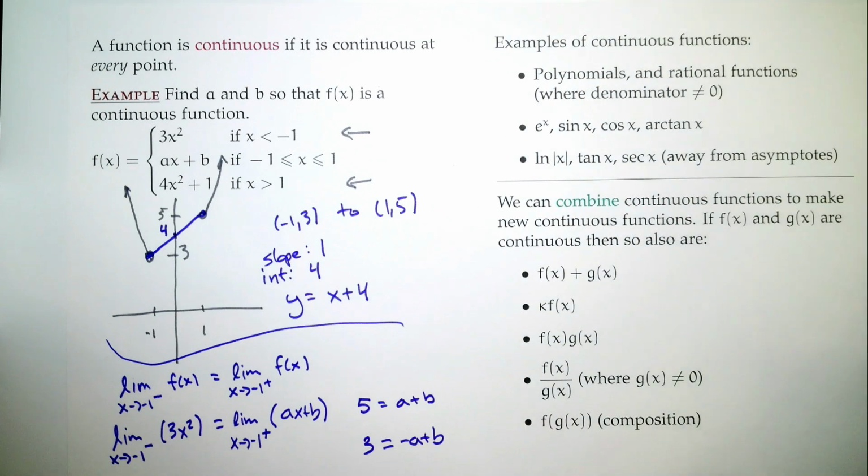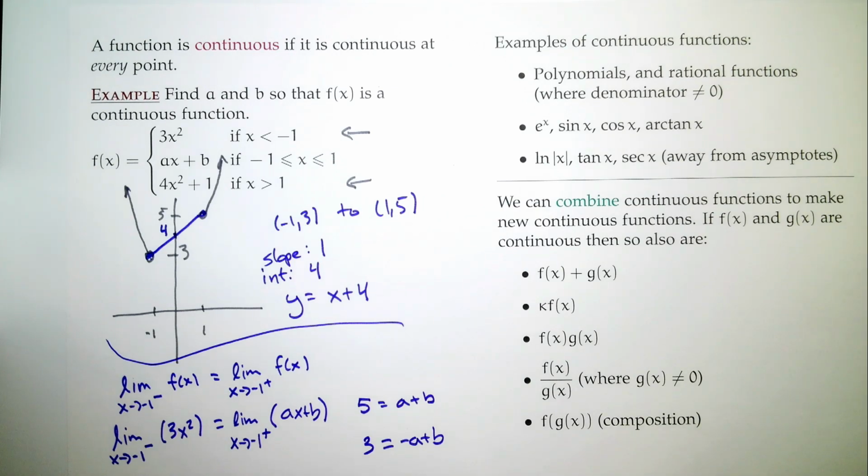All right. Now, what are examples of continuous functions? Well, polynomials are, as well as rational functions. A rational function just means a polynomial over a polynomial. You also have other functions, your e to the x, your sine x, your cosine x, the best function of all, the arctangent of x. It's a really cool function.